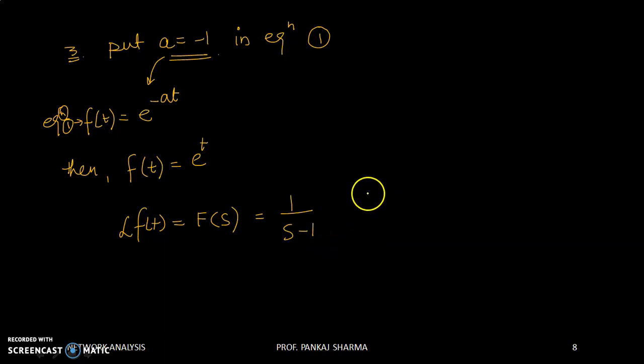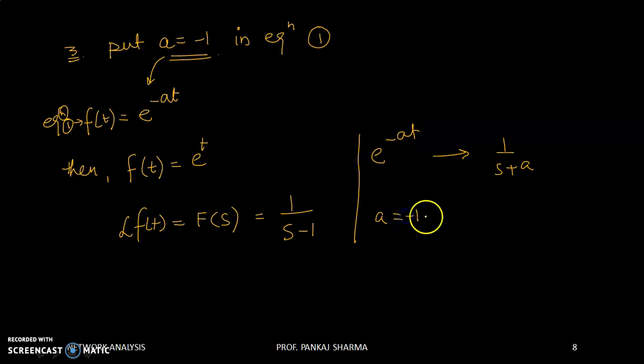Isn't it? Initially, when it was e raised to power minus at, the Laplace was coming 1 by s plus a. When we put a is equal to minus 1, the Laplace becomes 1 by s minus 1, and the function becomes e raised to power t.